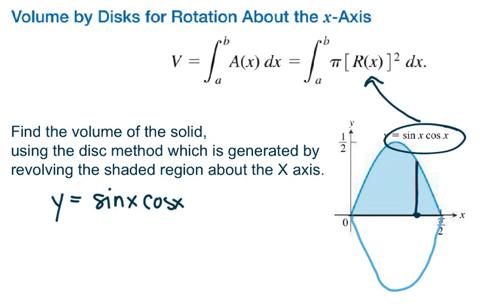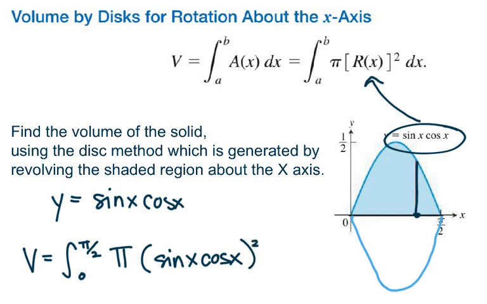So volume is the integral from a to b, and a and b are my bounds 0 and pi over 2. So we have 0 and pi over 2. Pi times sine of x cosine x quantity squared dx. So that is our setup for getting this volume if we rotate this guy about the x-axis.